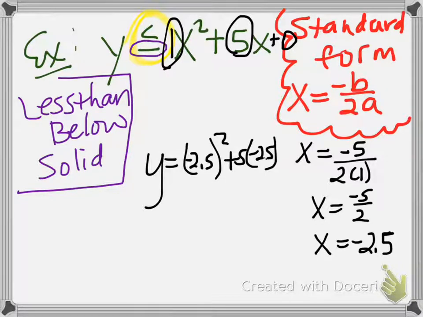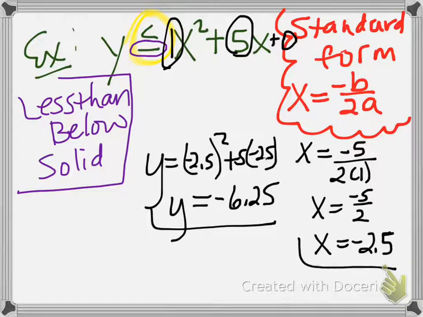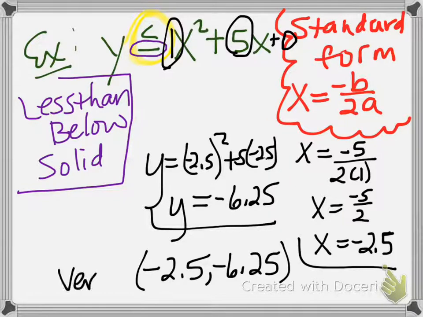I'm going to do this in the calculator, exactly as it looks. And when I do that, I'm going to get negative 6.25 for my y. Okay, now remember that these two things go together. Negative 2.5 comma negative 6.25, that is now my vertex.